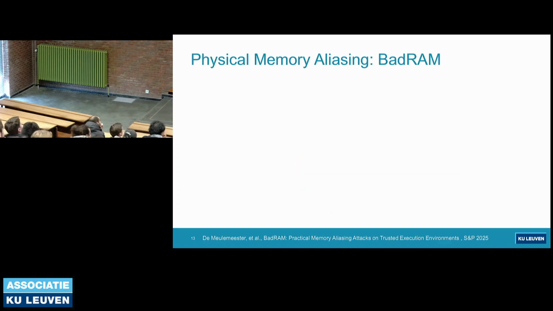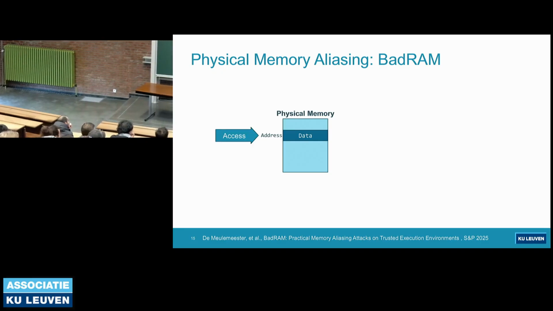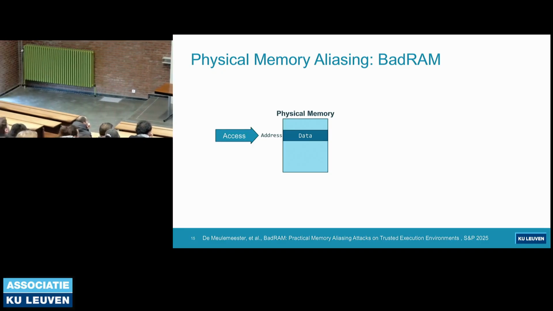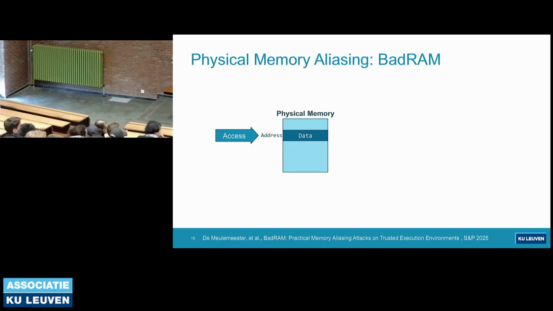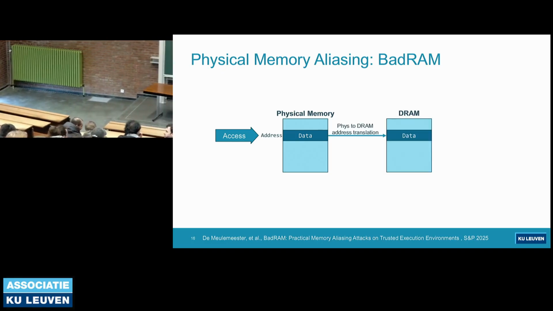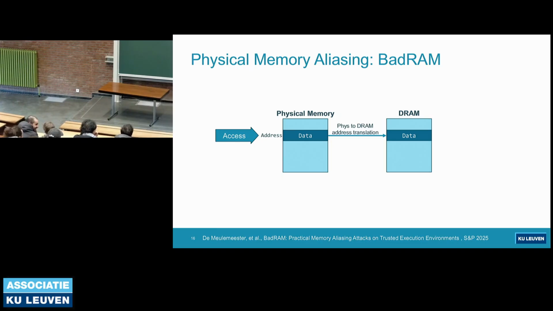Our second building block is physical memory aliasing. When you make an access to physical memory, what happens behind the scenes is that the memory controller will translate your physical memory address to a DRAM address, and the memory controller is configured specifically for the current memory configuration.